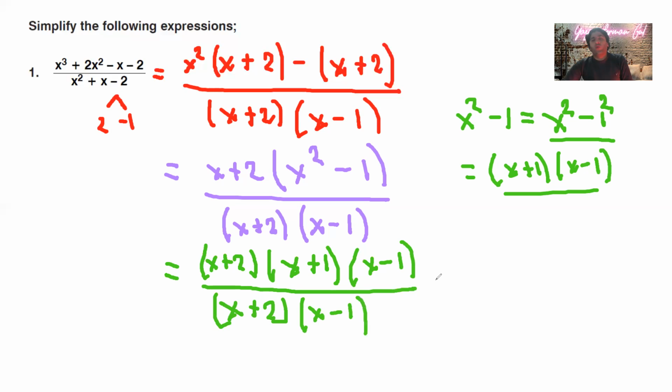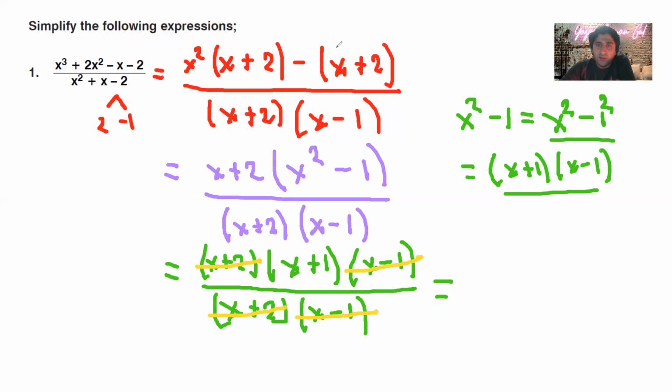Okay, so once I'm done with this, then I'm going to start canceling out the same ones. Which ones do I have, right? What do I have here? I have x minus 1 here, and I have it at the bottom. So I'm going to remove this. I have x plus 2 here, and I have x plus 2 here. I'm going to remove it.